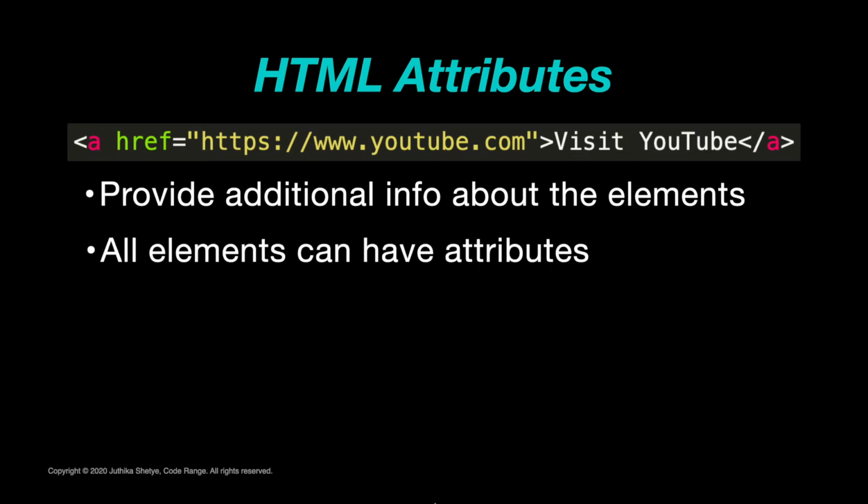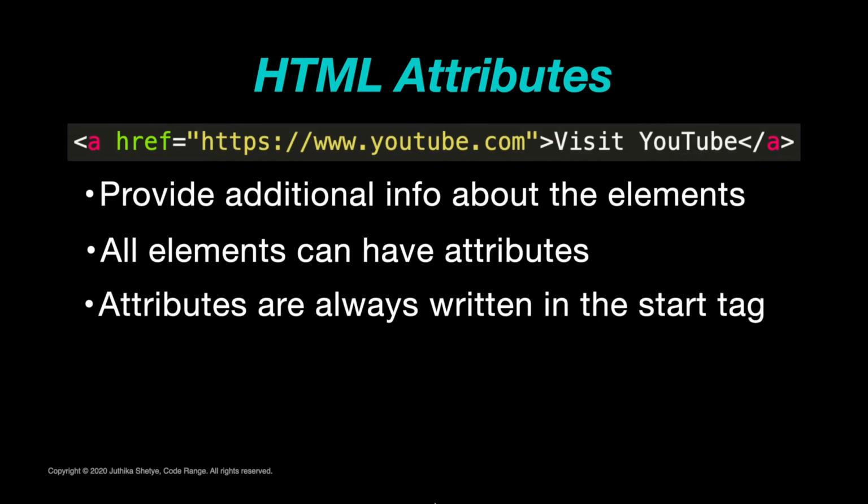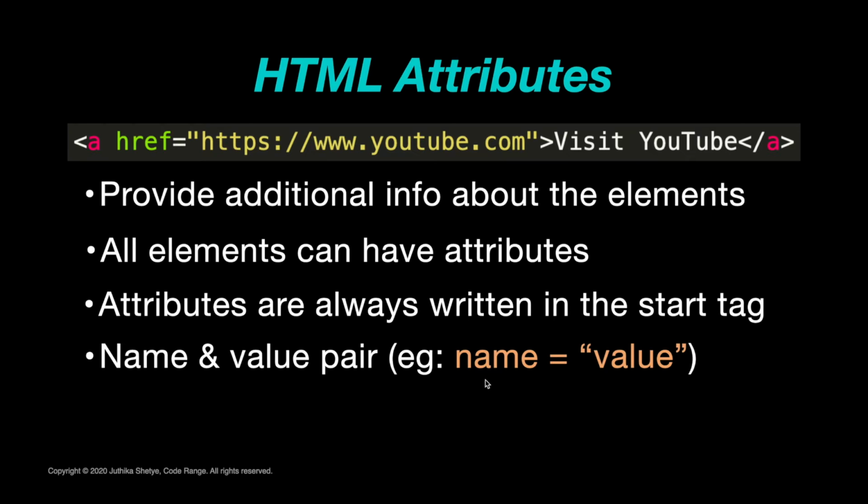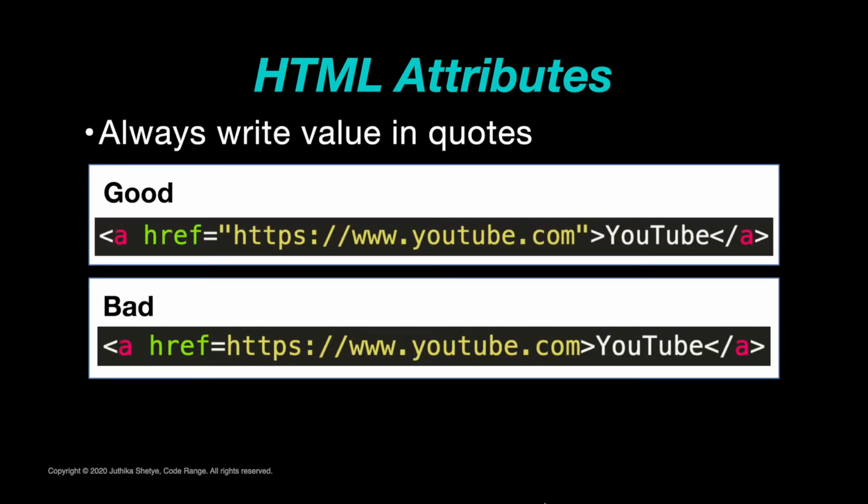All HTML elements can have attributes and they are always specified in the start tag of the element. They usually come in name and value pairs like this. Name is equal to value. For example, here in the anchor tag, href is the name of the attribute and this URL is the value of that attribute. It's always a good idea to place your value in quotes.